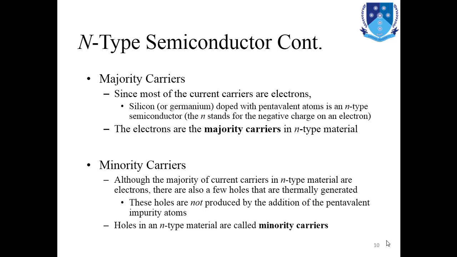These holes are not produced by the addition of the pentavalent impurity atoms. The pentavalent impurity atoms are responsible for the generation of extra electrons. Holes are generated due to thermal energy. So the holes in an n-type material are in minority, so they are called minority charge carriers.